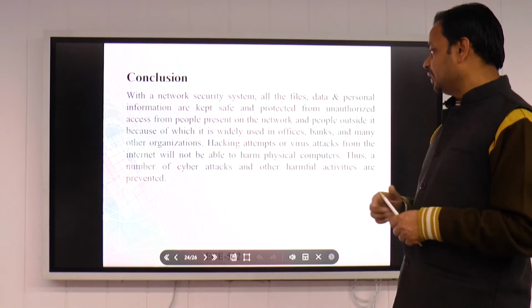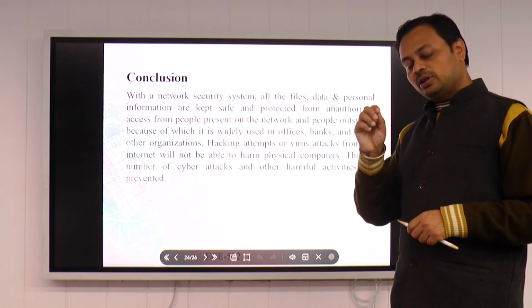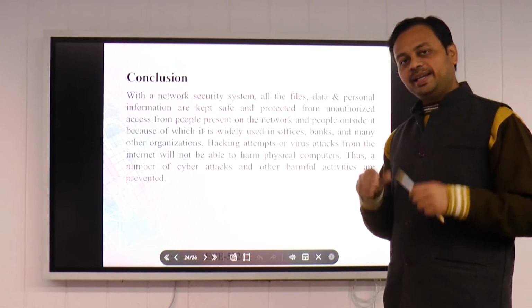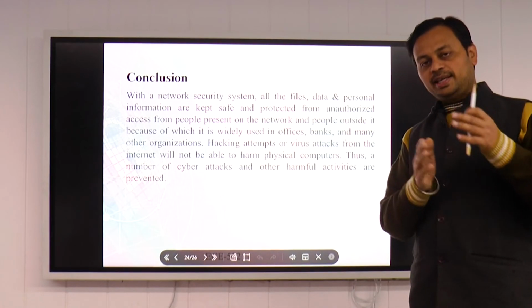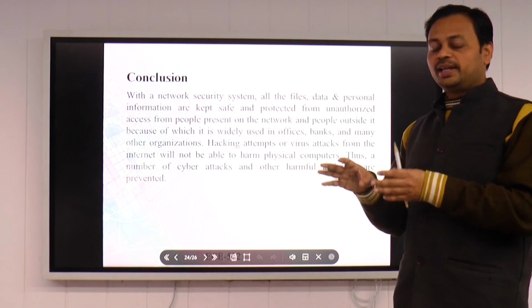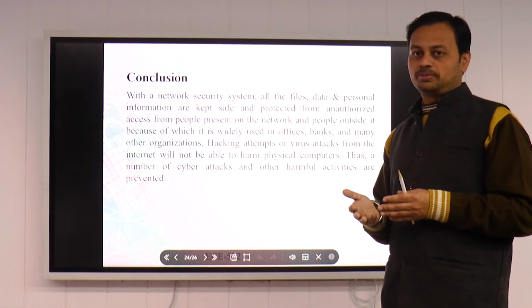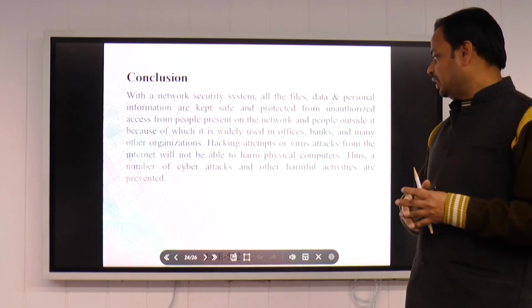That can be done with the help of cryptography, and we need to understand cryptography in detail. Today we have discussed symmetric cryptography, stream cipher, block cipher, the problems in stream cipher and block cipher, and how we can overcome those problems. So that we have tried to understand from today's lecture.